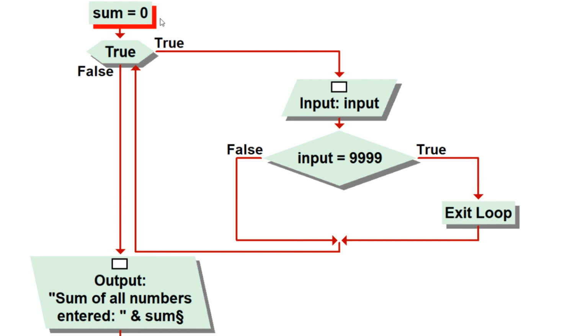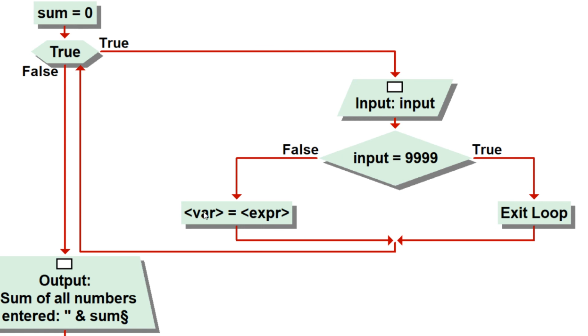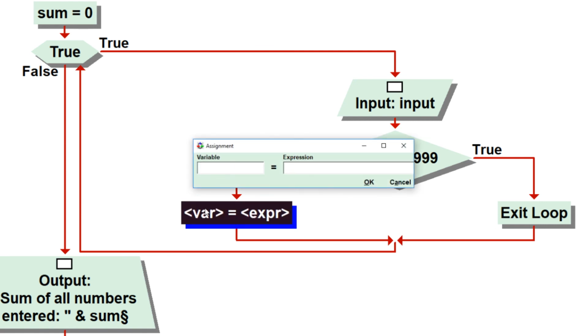So think about if you're writing a video game and you wanted to keep track of a user's score. You basically keep accumulating all of the points that they are gaining in that game. So in this specific case, I'm using sum. You could probably call this score in a game or whatever. And so each time through, if they enter all 9s, I'm going to exit the loop. But if they don't, if they enter any other number, I'm going to take the value in sum, and I'm going to add it to what the user entered.